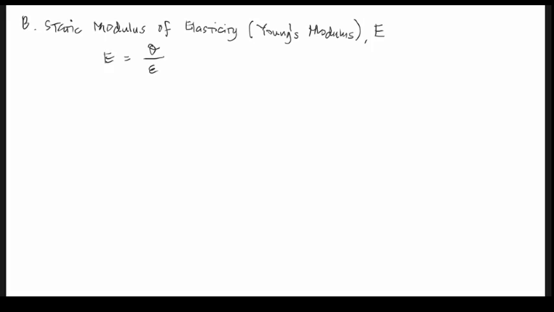In our NSCP, meron tayong mga pre-made formula na tinatawag nila for normal weight of concrete, that is 2-3 kilogram per cubic meter. For normal weight concrete, your static modulus of elasticity is computed as 4,700 lambda square root of FC prime.